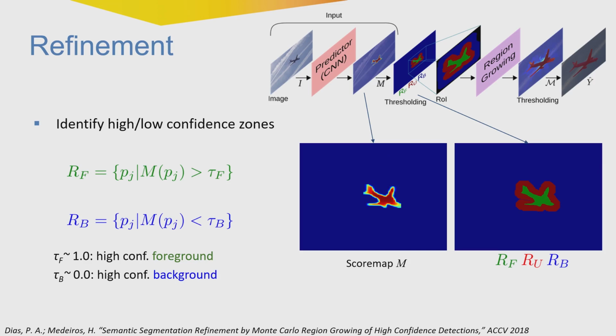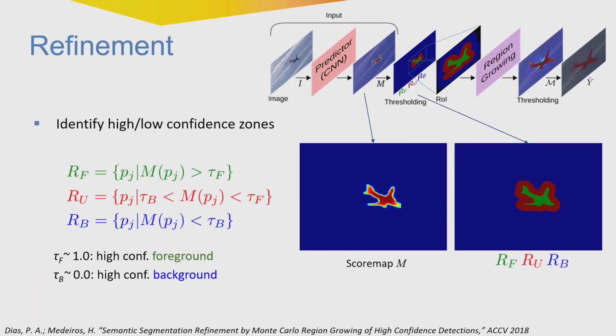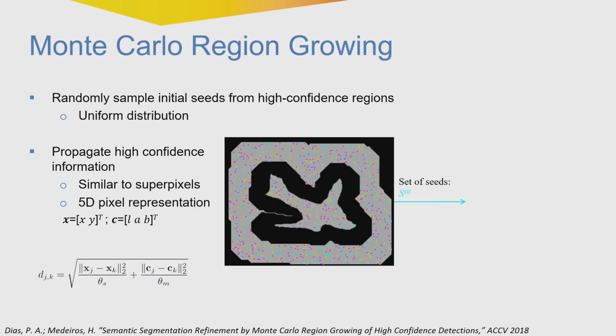Our problem lies in this region illustrated in red, where we have some intermediate levels. So the first thing we do in this algorithm is separate into these 3 areas. Then we combine the regions of high confidence background and high confidence foreground here in light gray. That is our high confidence region.